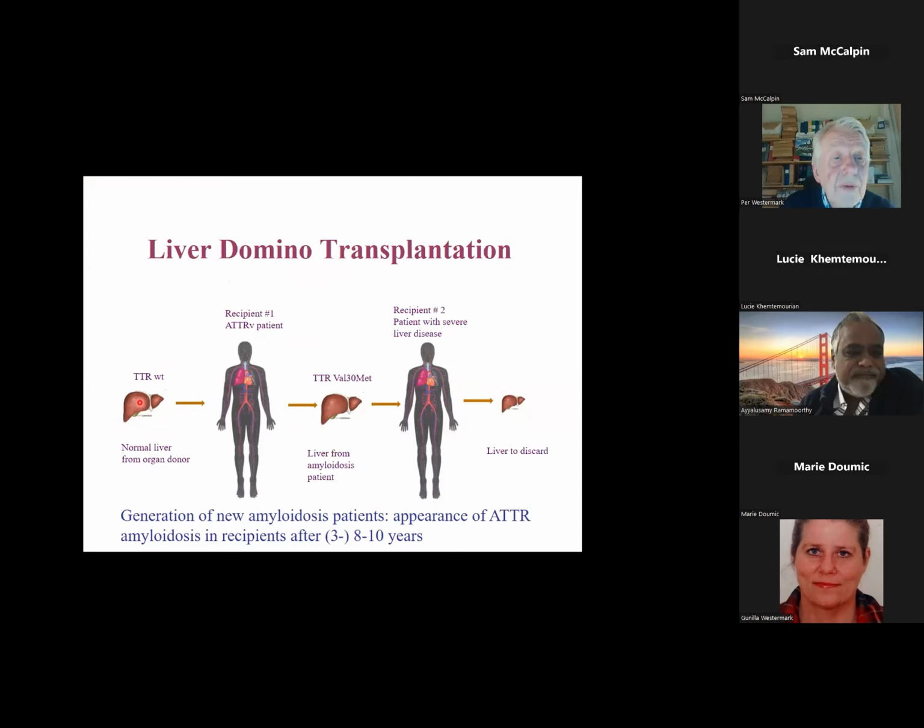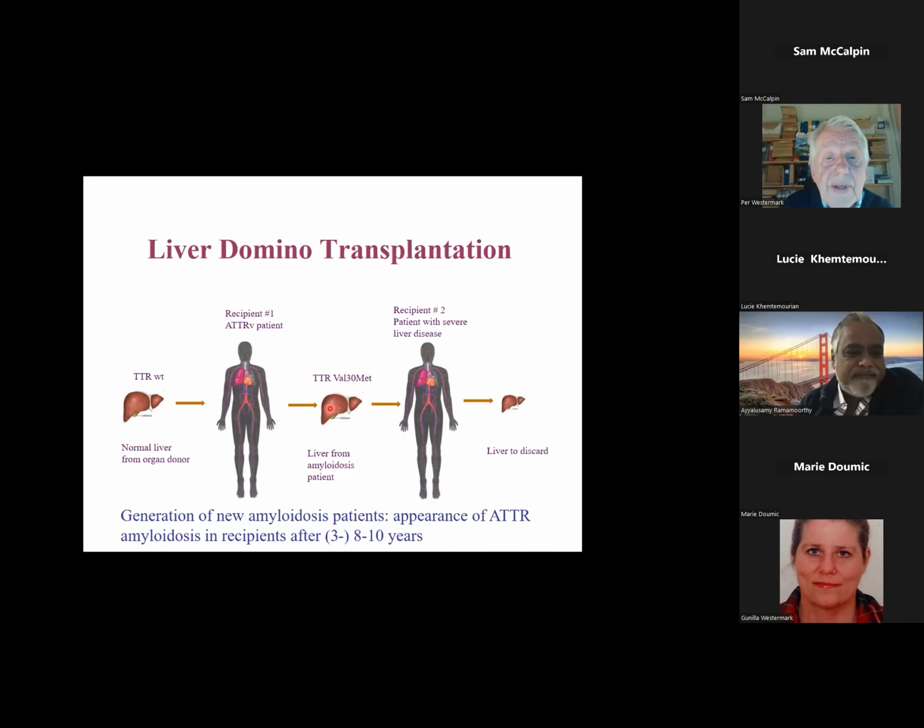So the liver from a patient that is treated by liver transplantation contains only a small amount of amyloid. It produces wild type and mutant protein, but otherwise it works nicely.